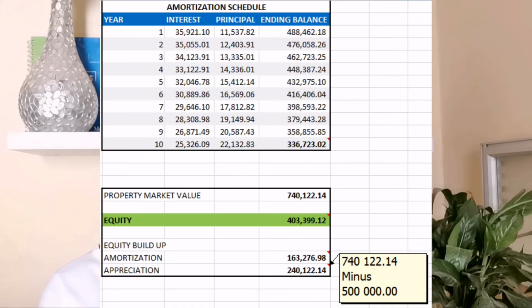And then the other part is made up of appreciation, which is 240,122 pula 14 thebe over the 10 years period. That is your equity. So you have over 400,000 that you can access from this property. So when you go and apply to access this 400,000, that is what we call equity release, explained in a nutshell.